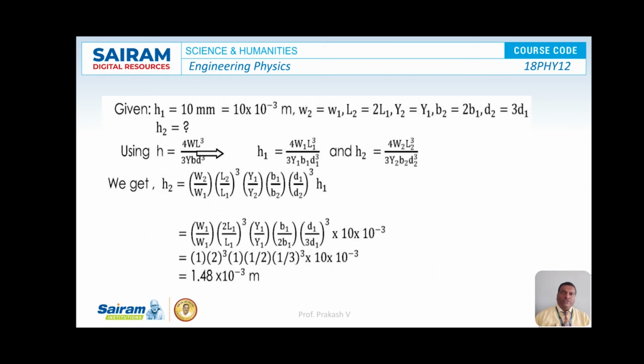So substitute the values of w2, L2, y2, b2 and d2 in the formula as we gave in the first line.